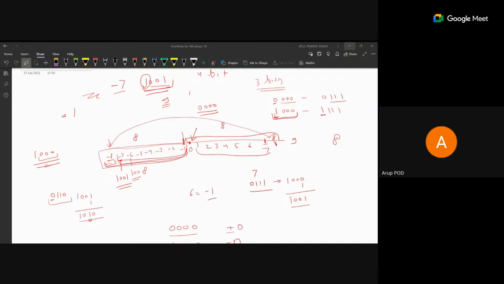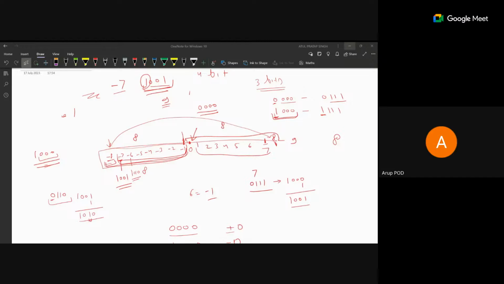Can you calculate what the value will be if the first bit is 1 and the rest of the 7 bits are 0 in a 2's complemented way? It will be like 0 1 1 1 1, now we will add 1, so it will become the same. So what is the value in decimal?